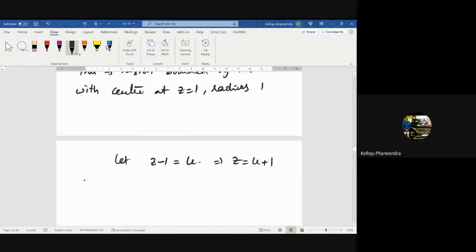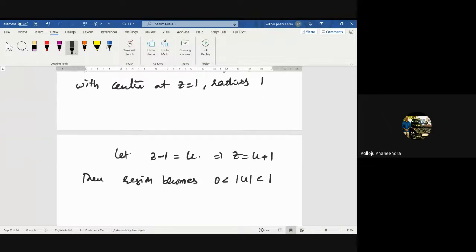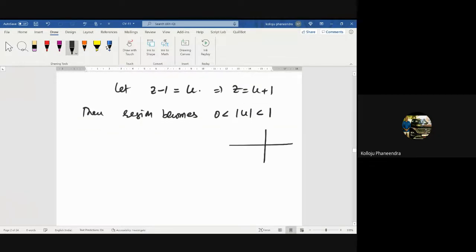I am just simplifying the problem. The region becomes 0 less than mod u less than 1, a punctured circle with radius less than 1, only completely inside.